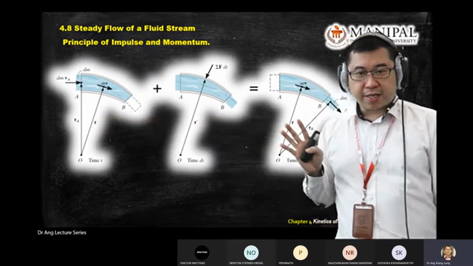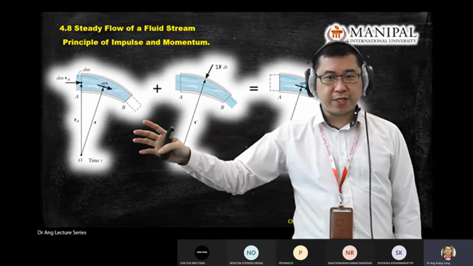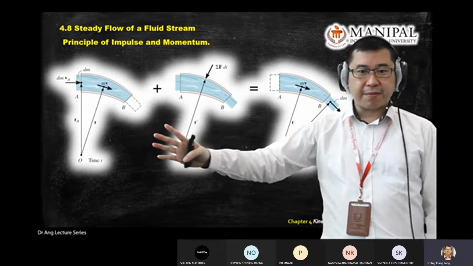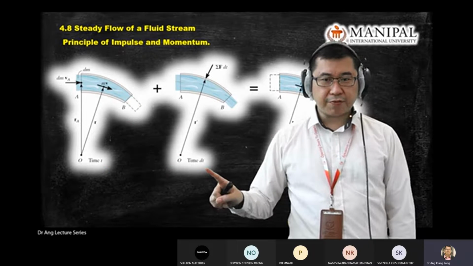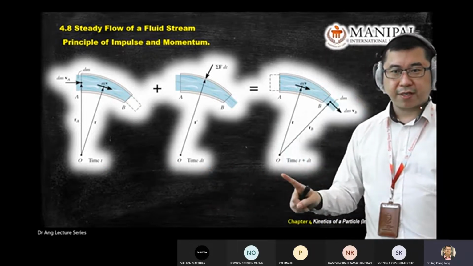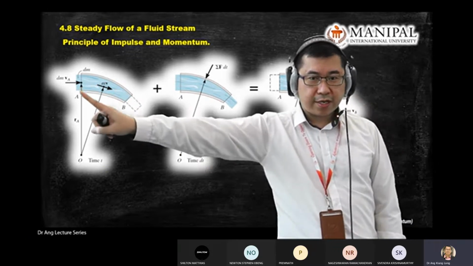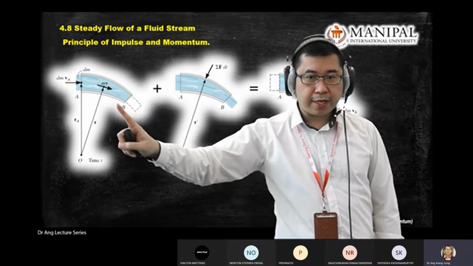What does this diagram tell you? It tells you the transformation of liquid before and after. This is the change of time, this is after the time. So you see the liquid here. In this case, we focus on the control volume here.